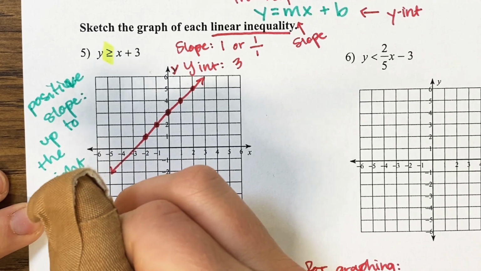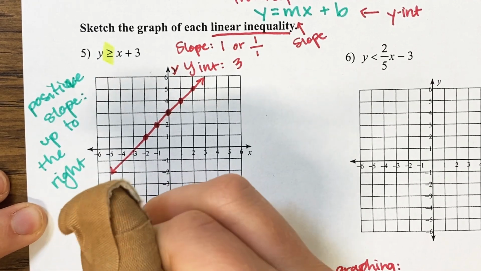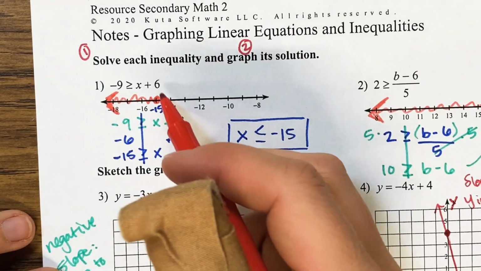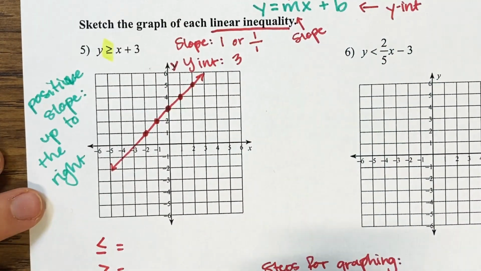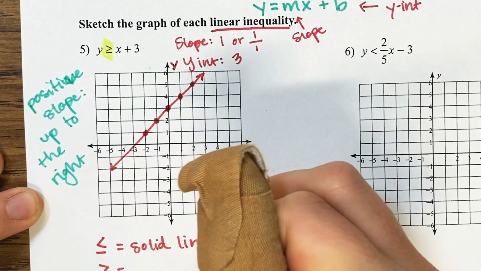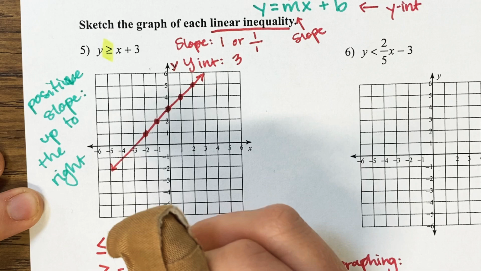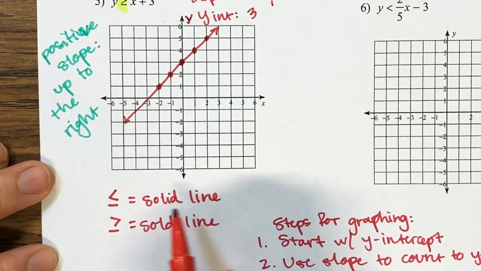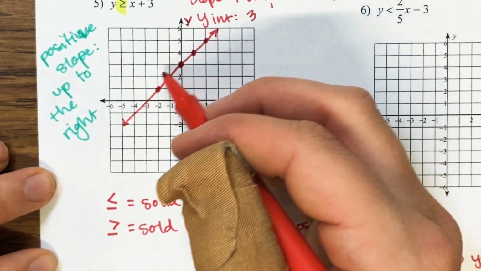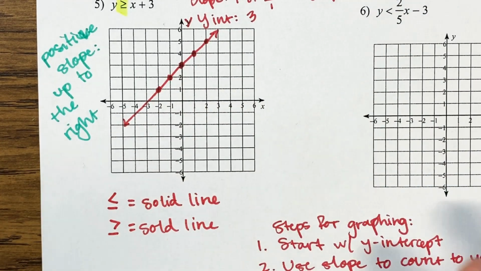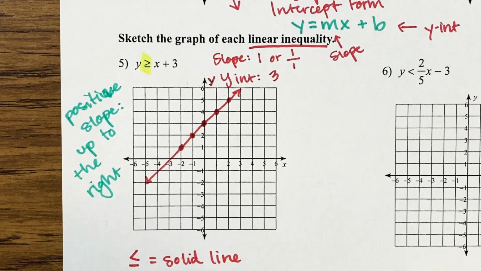Greater than or equal to, or less than or equal to, just like up here where we put a solid point, these guys get solid lines. So solid line when you have that little extra, meaning the line that you connect the points to is solid. Okay, cool. Now let's worry about shading it.